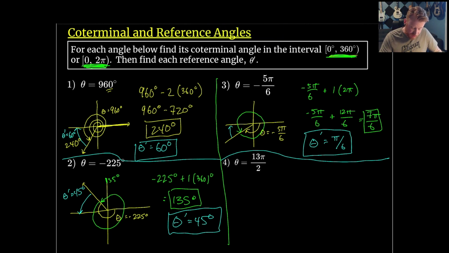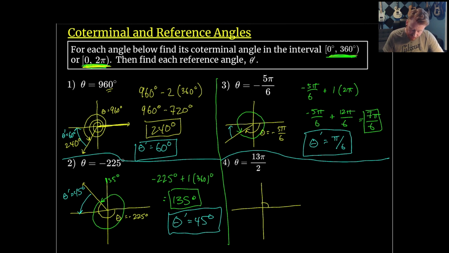Okay, for the last one here, I want to figure out what is coterminal in the interval from 0 to 2 pi with 13 pi over 2. So let's figure out where 13 pi over 2 is. We're just going to count by pi over 2. Remember that a single pi over 2 is just 90 degrees.